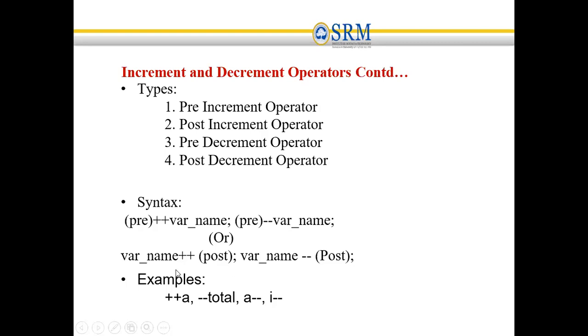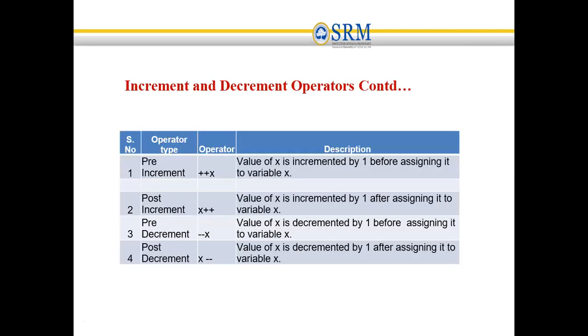For post-increment, variable name and then plus plus. For post-decrement, first the variable name, then minus minus. Take some examples here. Plus plus a is an increment operator; minus minus total, a minus minus, and i minus minus are examples of these operators.